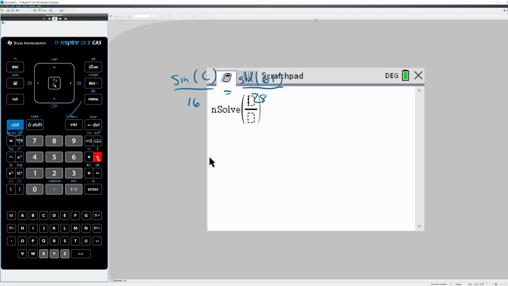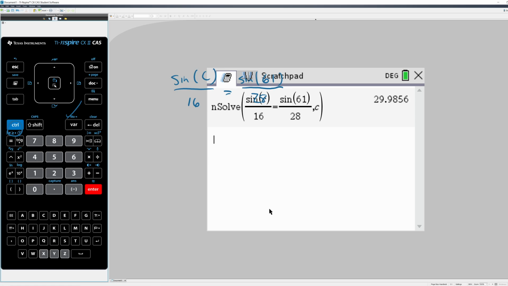I suggest you use the fraction template, the sine of angle C over 16 equals the sine of angle 61 over 28. Remember, comma, whatever the name of your variable is.